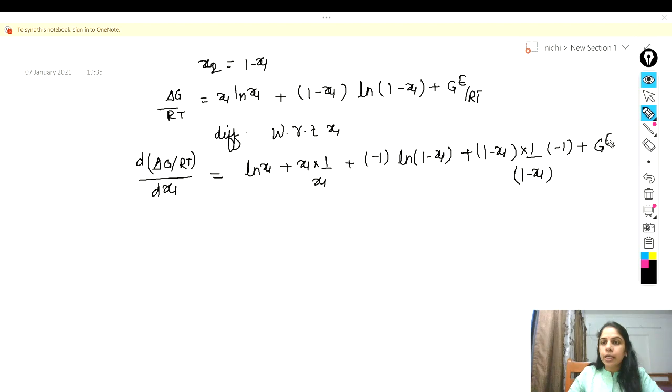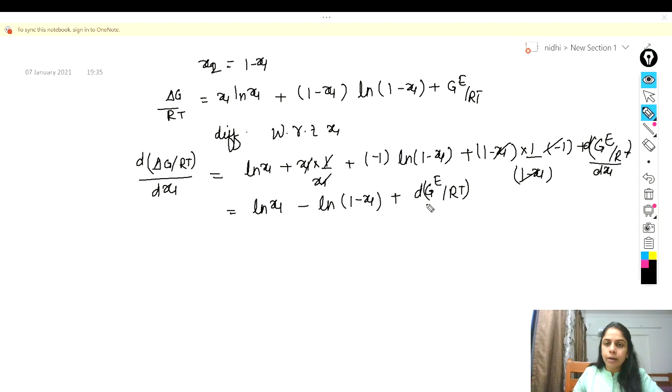Plus the derivative of GE upon RT. So this cancels, and then 1 minus 1 plus 1 also cancels. Therefore we get ln x1 minus ln of 1 minus x1 plus d GE upon RT dx1, and that is equal to d delta G upon RT dx1.